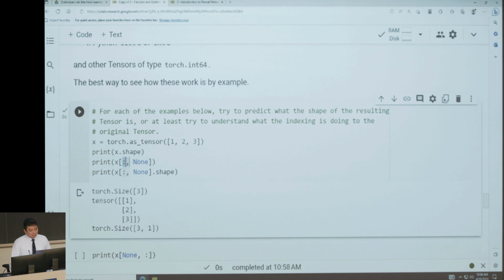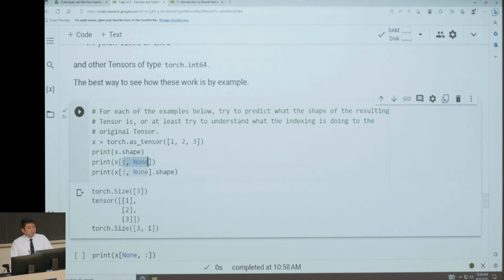If we index this way, this is saying, let's keep all of the indices in the first dimension, and let's append a dimension on the end. So instead of a size 3 tensor, we're going to have a size 3 by 1. And effectively, what that does to this tensor is it transposes it, adds this outer dimension to it. So this is how I would turn this array into a column vector.